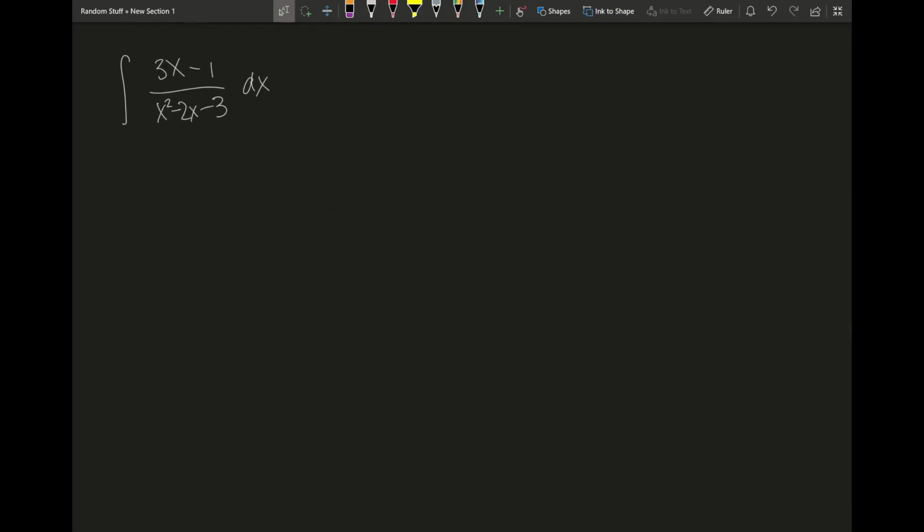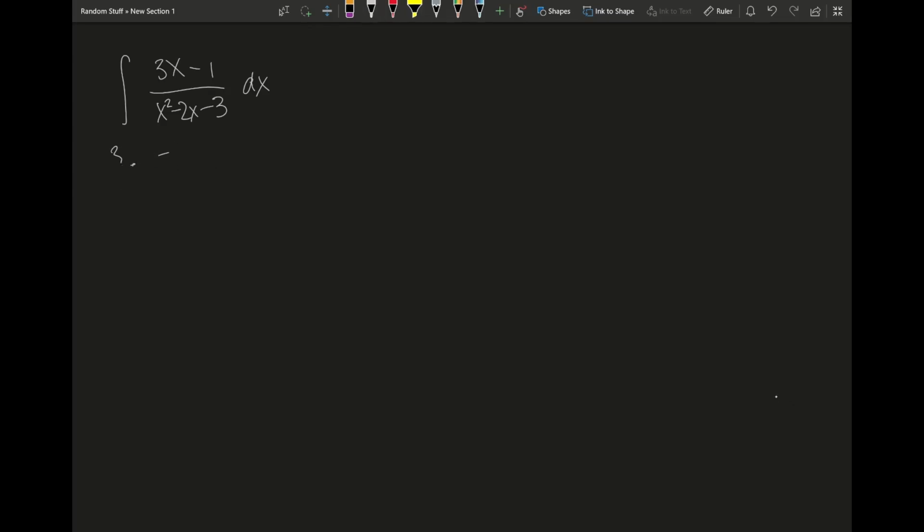Here is a better example with an actual x on the numerator with a constant. Again, if we try differentiating the bottom, we get 2x minus 2, and no factor of this can go into the top. If we multiply, say we try to make it 3, so let's make it 2 over 3, then this becomes a 3 as well.